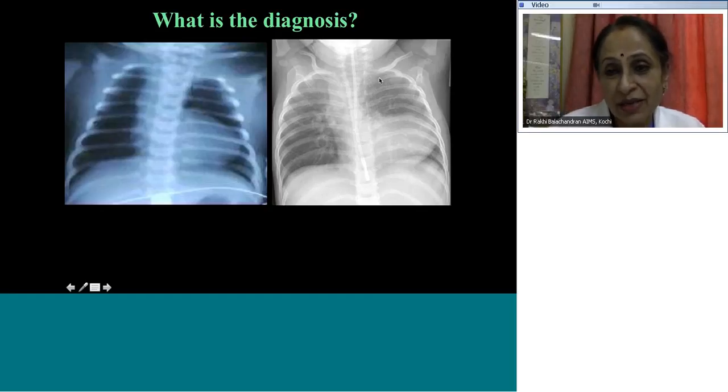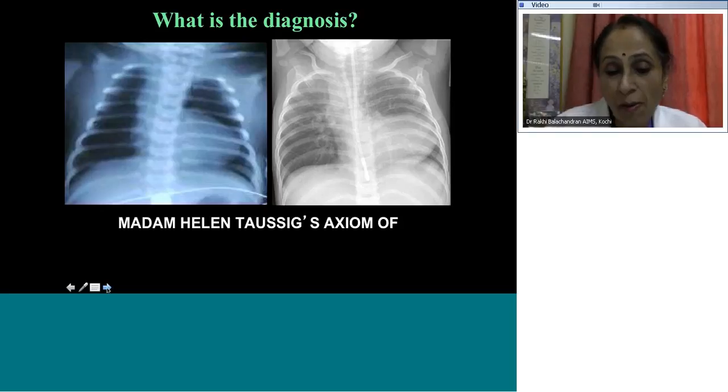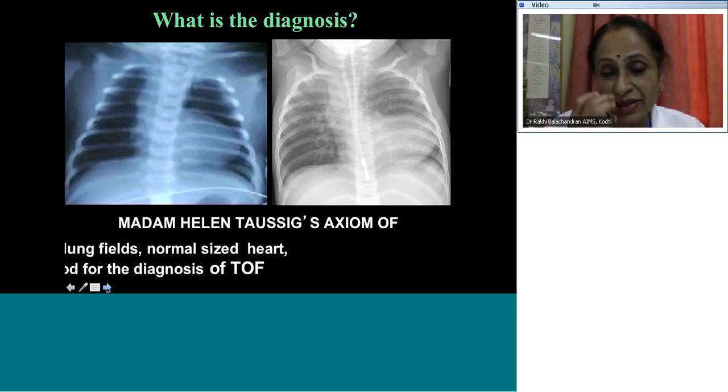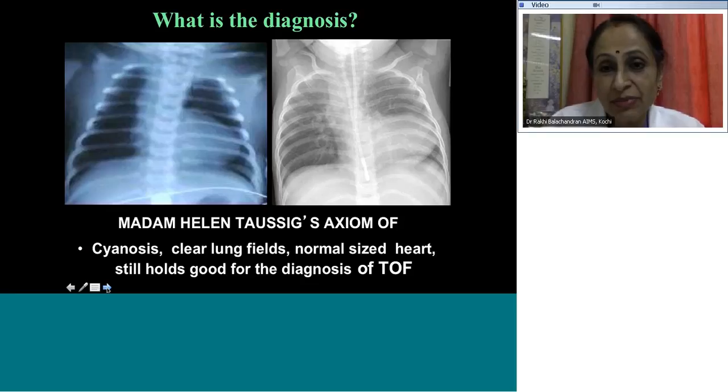And apart from that, you can see that there is a lacy or reticular appearance. Normally the pulmonary arteries branch primary, secondary, tertiary like that, but in the collaterals, it is more of a network. That's why you see a lacy or reticular appearance, which indicates that the patient has multiple aortopulmonary collaterals.